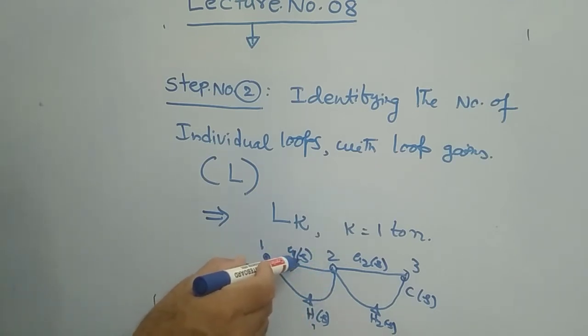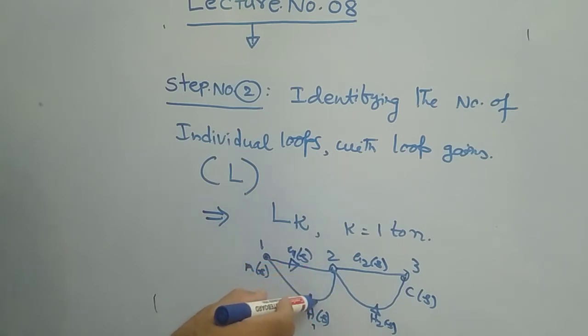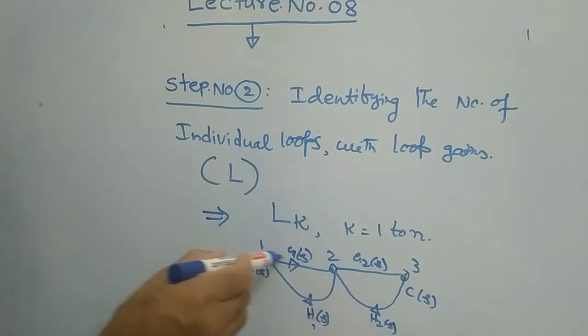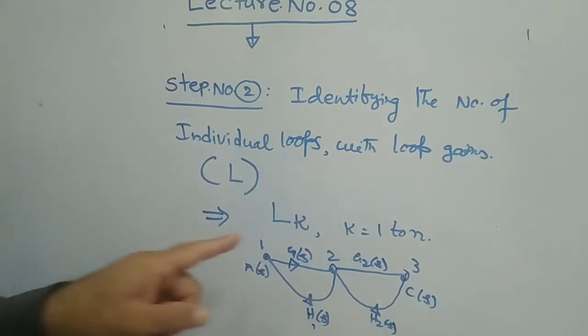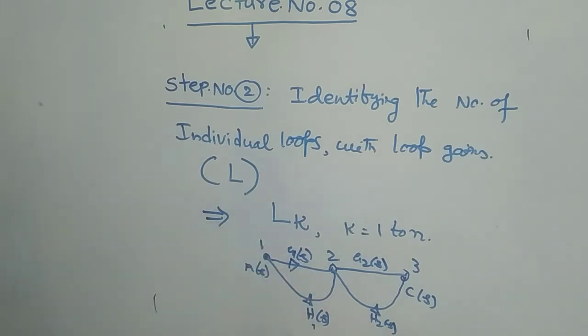Similarly, between nodes 2 and 3, G2 of s goes in the forward direction and again from 3 to 2 it comes in the reverse direction, forming another closed loop. Thereby you have two independent loops.